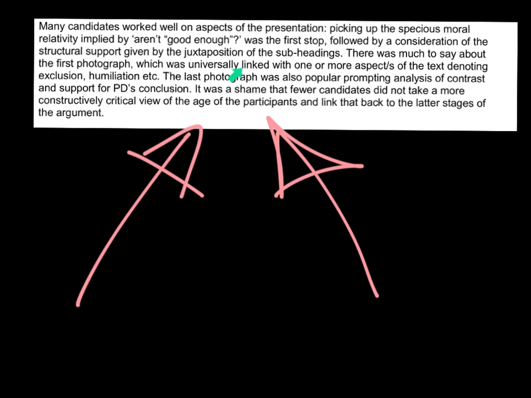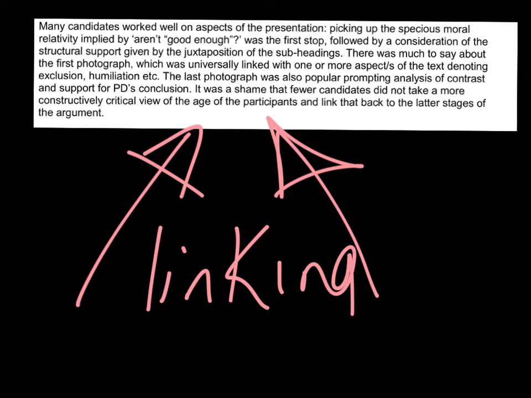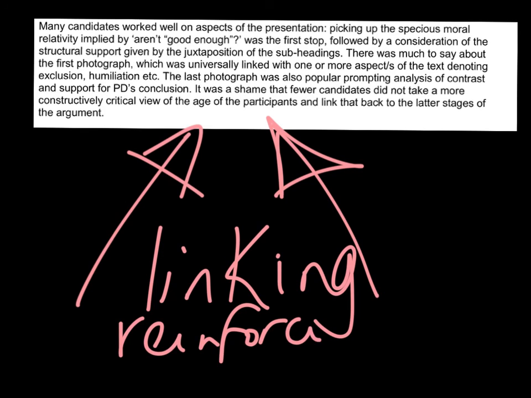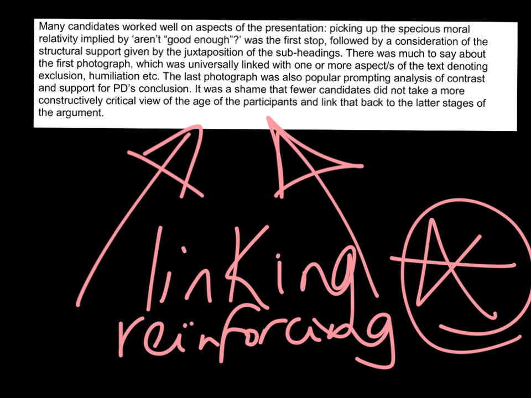They're looking at how it's linked with one or more aspects of the text. So this whole idea of linking to the text, reinforcing what is in some aspect of the main body of the text, that's how you get higher level marks when analysing photographs.